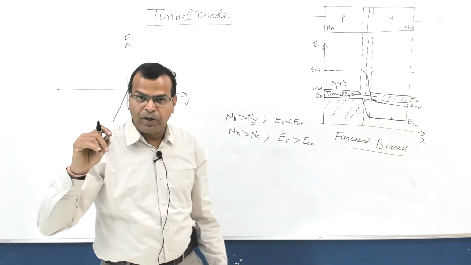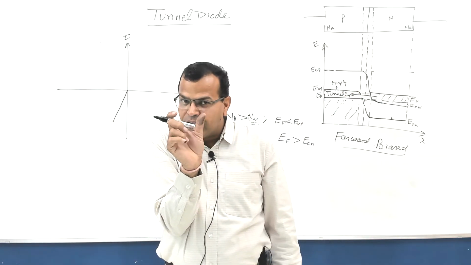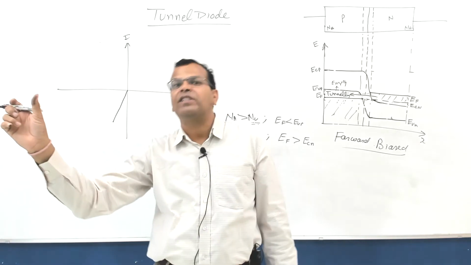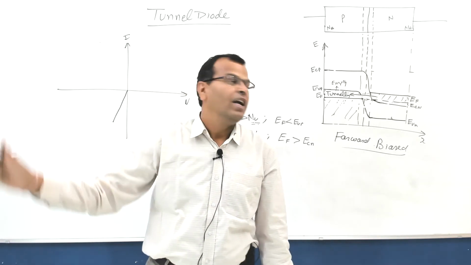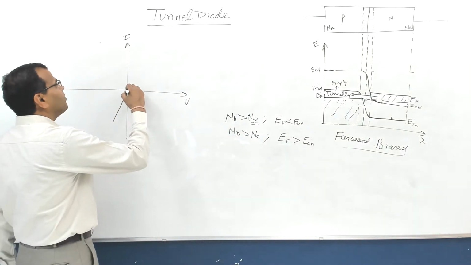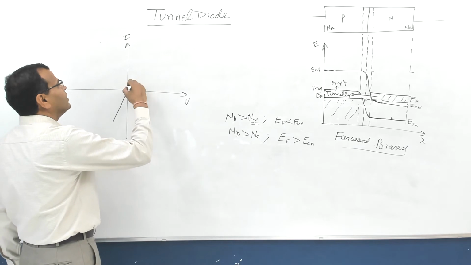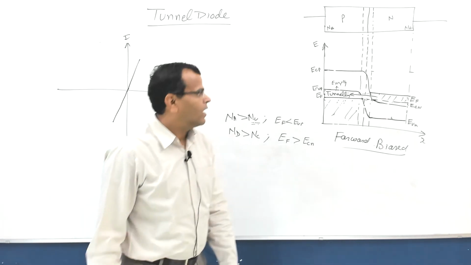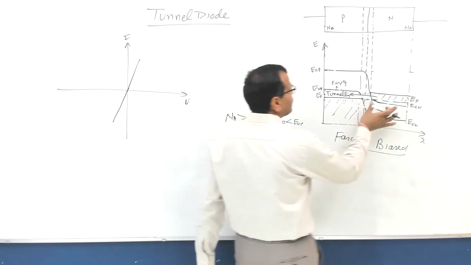Tunneling happens because of empty energy states on one side corresponding to filled energy states on the other side of the junction. That phenomenon is known as tunneling. So current will be increasing linearly on this side as well. Clear?